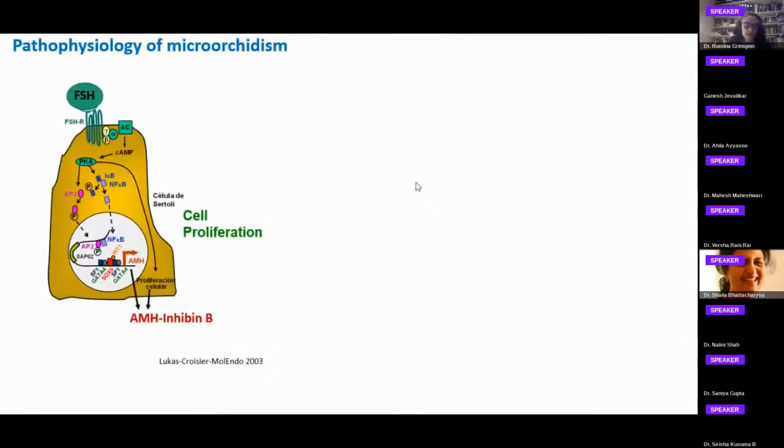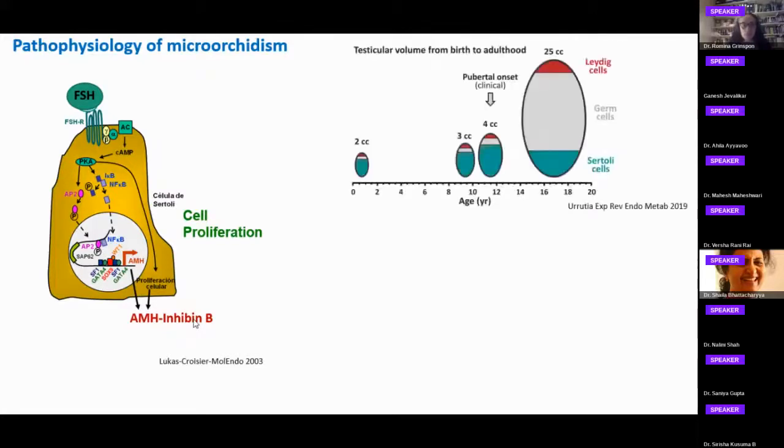Regarding the pathophysiology of microorchidism, FSH stimulates Sertoli cell proliferation and AMH and inhibin B production. The prepubertal testis is mainly composed of Sertoli cells, which represent more than 75% of gonadal mass in childhood. Microorchidism in central hypogonadism is the consequence of the insufficient stimulation of FSH on the Sertoli cells since birth.